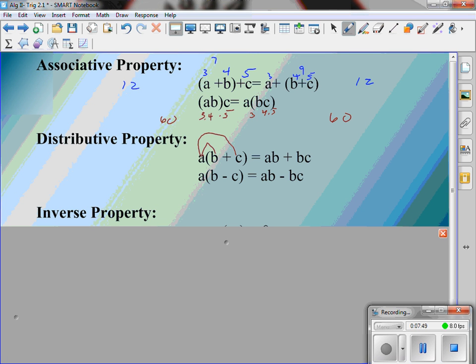Inverse property. What's an inverse? It's the opposite. So, if we're talking about addition, what's the opposite of A? Negative A. If I'm talking about addition, A plus negative A will get me 0.